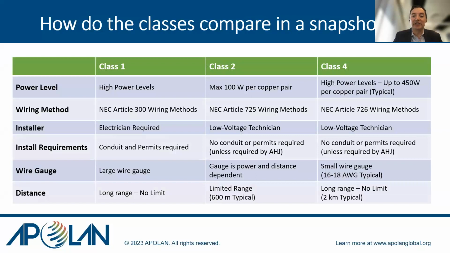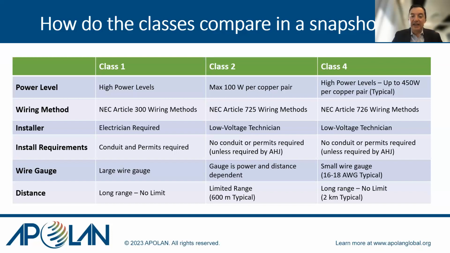This is the comparison between the different classes. Class 1 and class 2 is the current and typical installation that we have within buildings and intelligent buildings and most of our installations. You can see here the different items when we can compare, and what we can say here is that with class 4 systems we can go longer distances and also run with a smaller cable.